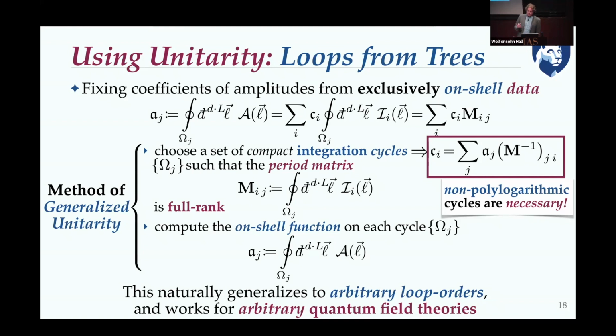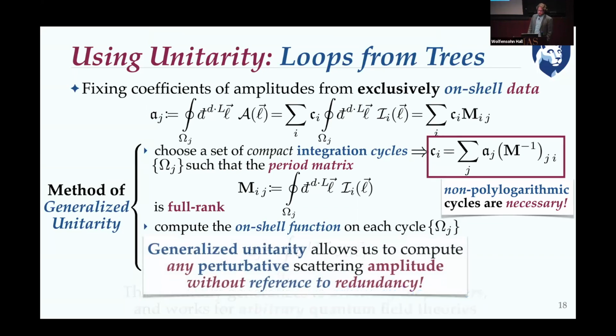And I don't have a better language for describing that, but you need to include these elliptic contours or complete integrals over middle dimensional cycles of a Calabi-Yau k-fold. You need those in general. But once you have this period matrix, you know the data, you can invert it, you find these things. And this is how generalized unitarity can be used to find these coefficients directly.